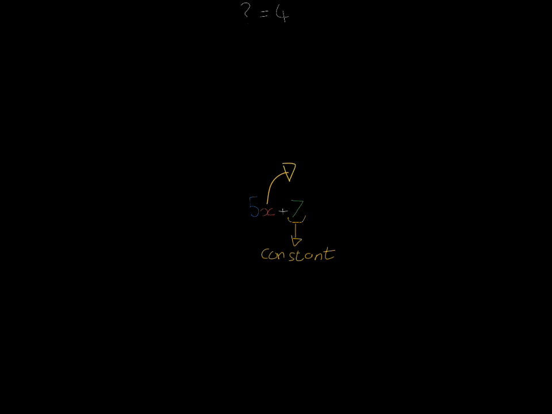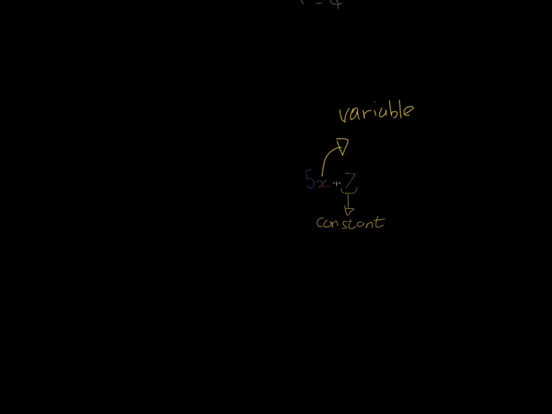And as we discussed earlier, this is called a variable. Lastly, we have the 5, which is in front of the x, and that is called our coefficient. It is a constant which we multiply our variable by.